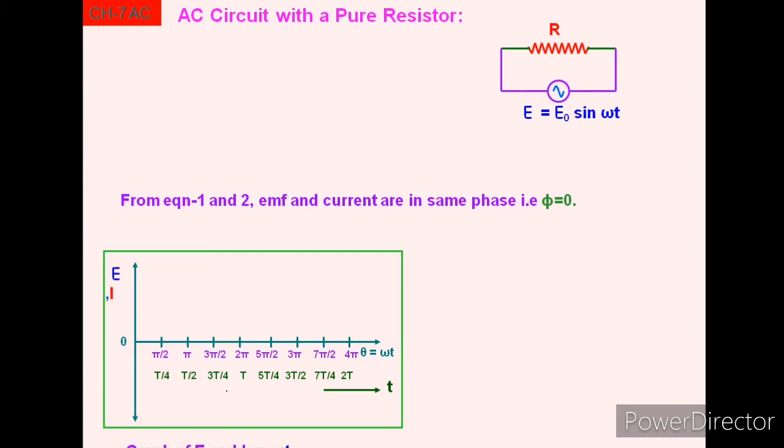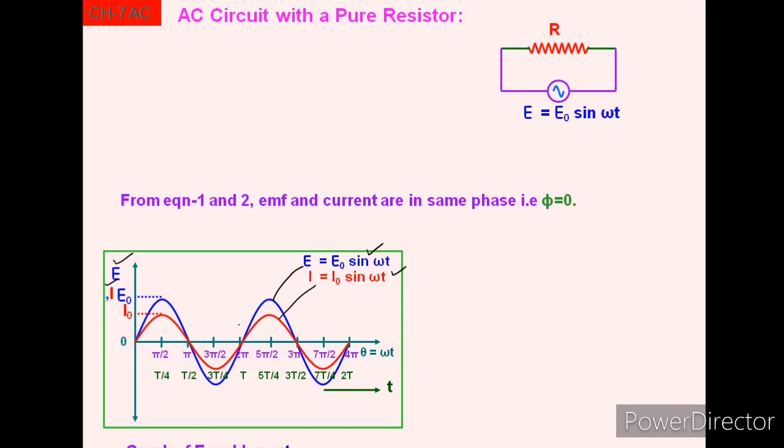Next, on the y-axis, let's take the alternating EMF and current. Then when we plot the graph for E equal to E naught sin omega t and I equal to I naught sin omega t, we will find this type of sinusoidal varying graph.